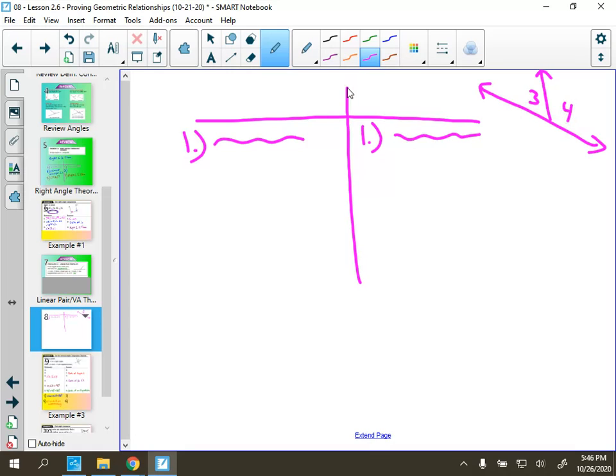I see a picture that looks like this, and based on my proof statement, it would be beneficial to say something about angles 3 and 4 being supplementary, or their measures equaling 180, or something along those lines. So as long as I can see it in the picture, I could definitely say that angle 3 and angle 4 are supplementary.